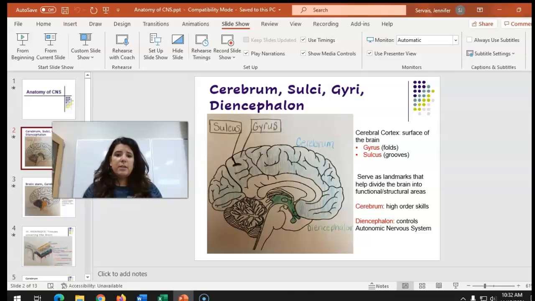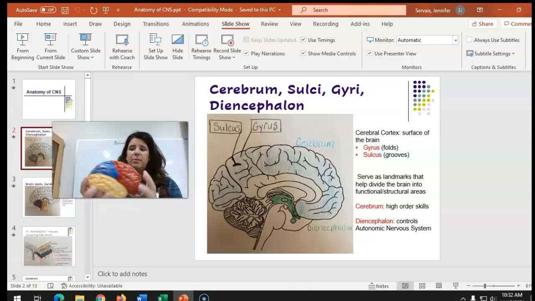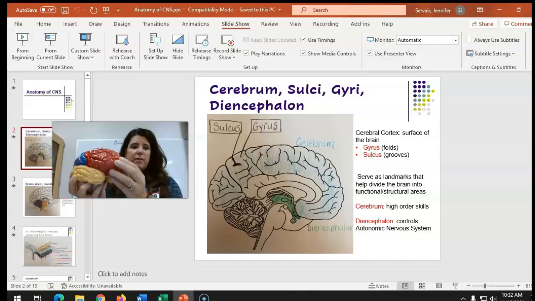We're going to start with looking at the general divisions of the brain, and we divide the brain into four major areas: the cerebrum, the diencephalon region, the cerebellum, and the brainstem. So if this is your brain here, this is the cerebrum. The cerebrum is the largest portion of the brain.